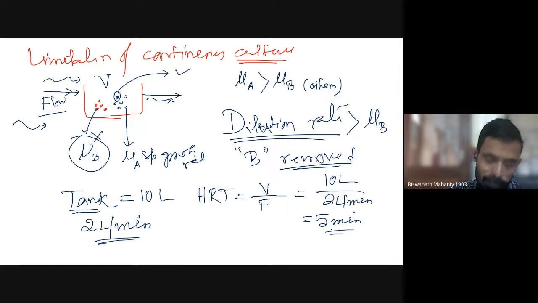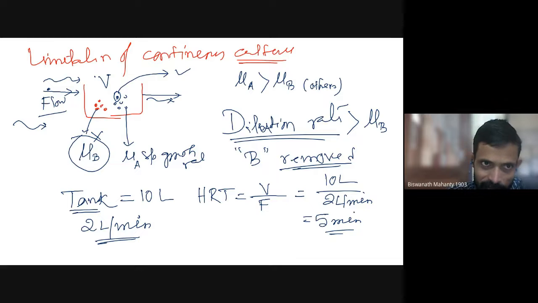What does it mean? It means that on average, any molecule coming in the feed will have 5 minutes, it will stay here, then go away. Very simple. Normally water is coming, and if I put just one molecule of sugar, and I assume that it is not broken down, then I can assume that the sugar will stay here, or maybe a small dust particle, for understanding.